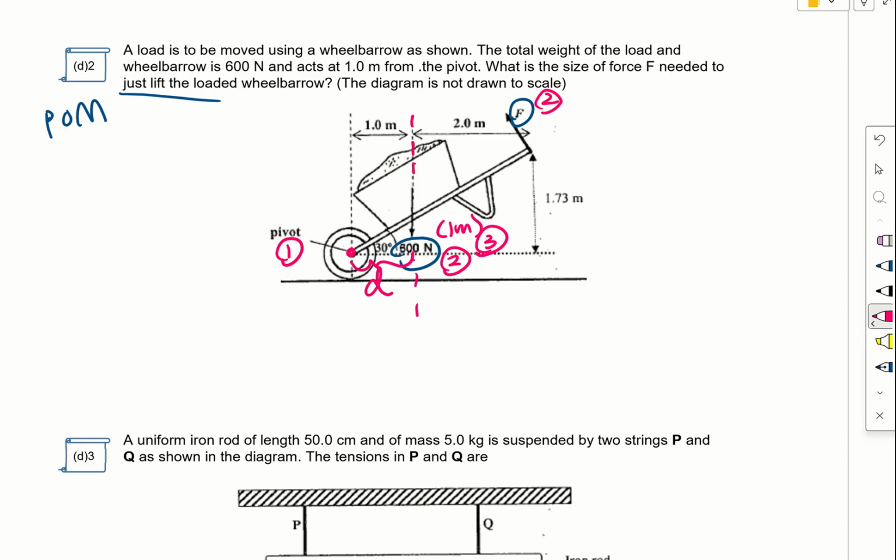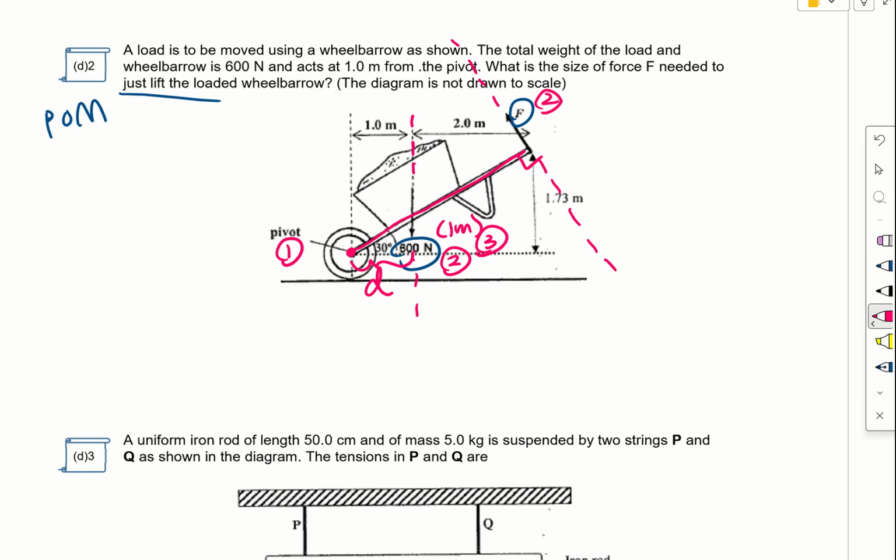For F, it's a little bit more complicated. But again, let us just draw the line of action of the force. Since the pivot is here, this will mean that this is the perpendicular distance, right, because I'm having the line of action of the force here, and the perpendicular distance will be the shortest distance between the pivot and the line of action of the force.